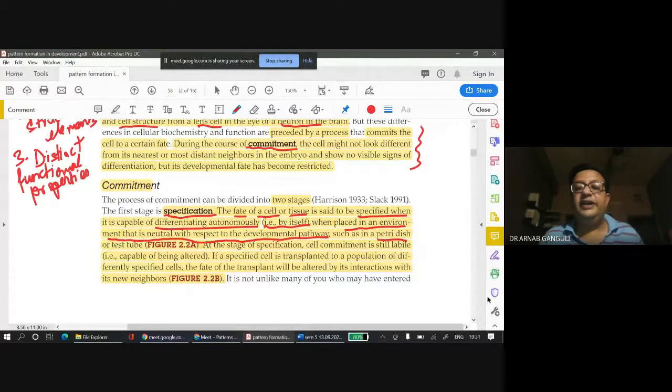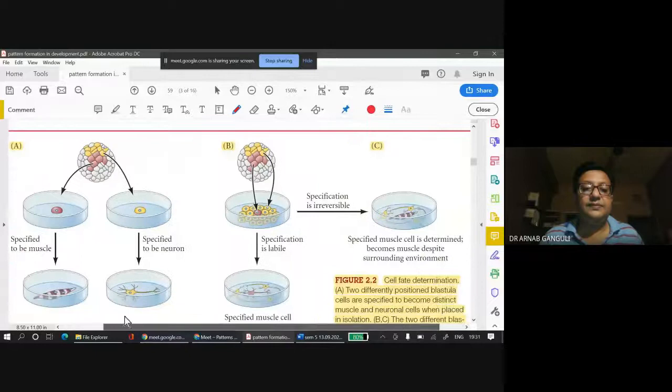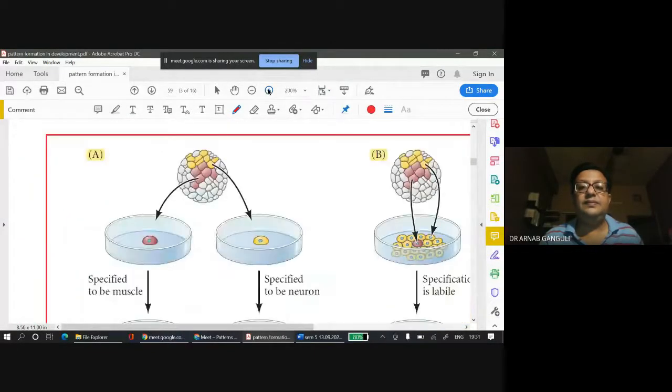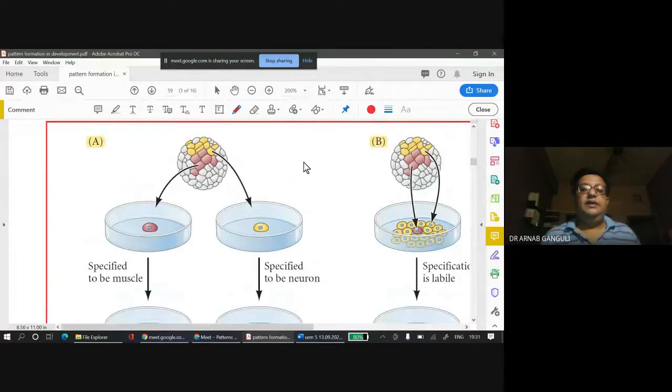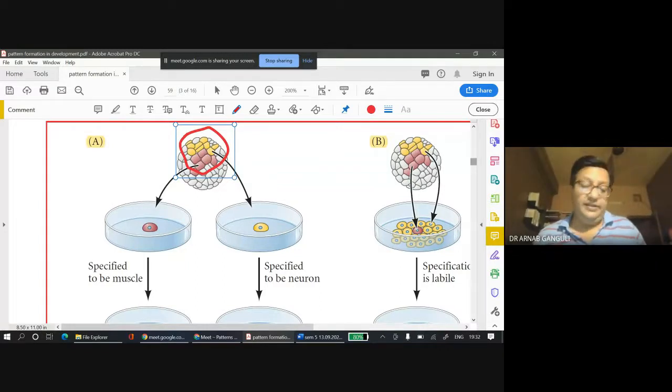So let us look at a figure. Say these are committed cells. Basically, they have falsely added a brown color and a yellow color, but they are looking the same. The color is falsely given, just to differentiate.